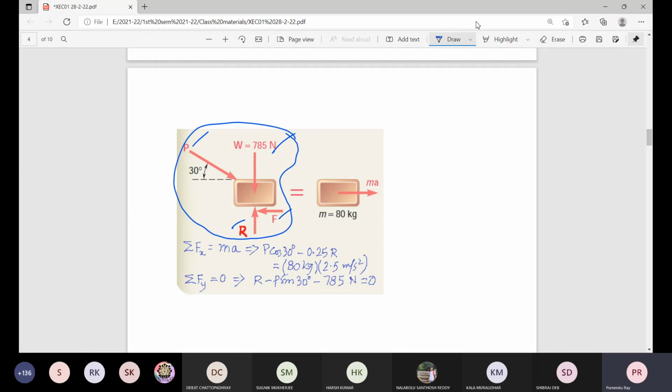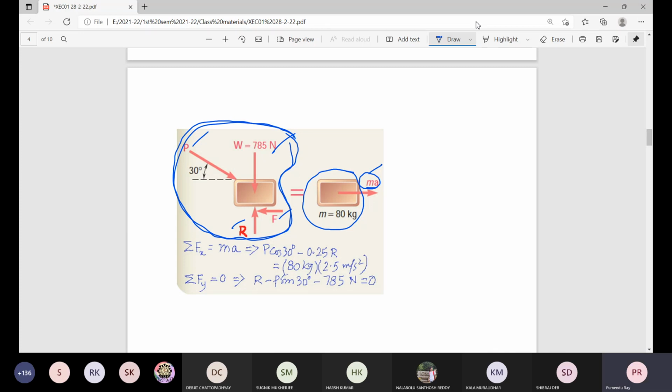And this is equivalent to a block of mass 80 kg moving with acceleration A. And when it is moving with that acceleration A, the total resultant force of this system is equal to this mass multiplied by that linear acceleration A. That value is given.